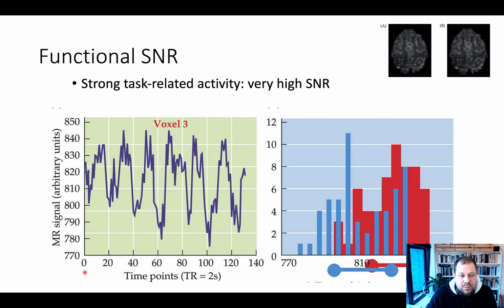Let's have a look at some examples. So this is where functional SNR is high. Let's go back to the example of when the subject was performing a squeezing task. There are some periods when the subject squeezes or moves the hand, which leads to activation in the hand area of the brain, somewhere about here. And then there were some time points in the task when the subject was just asked to relax.